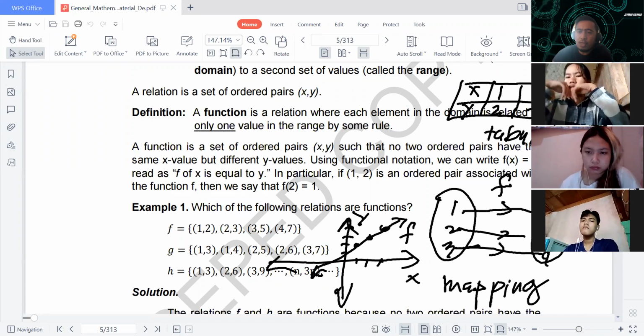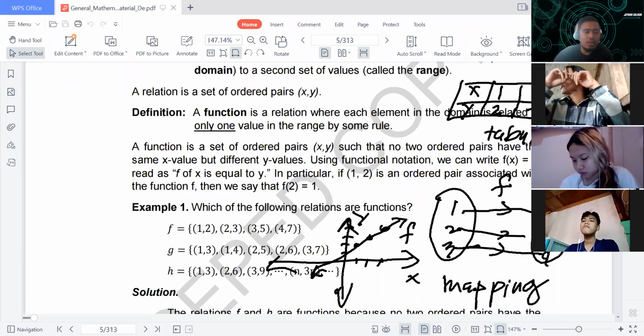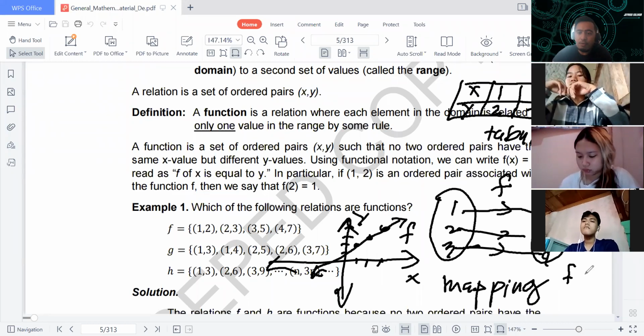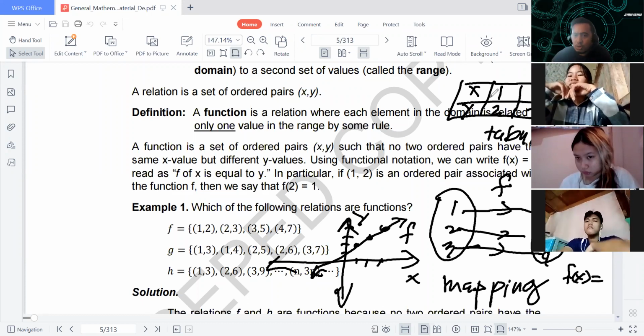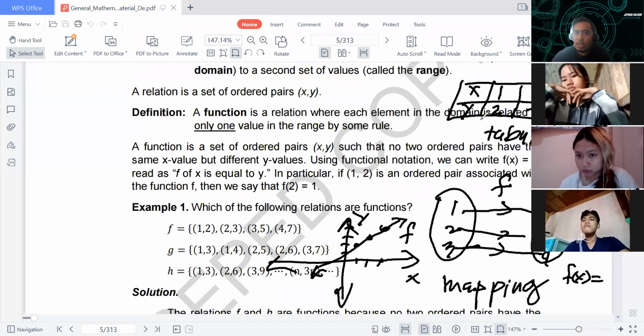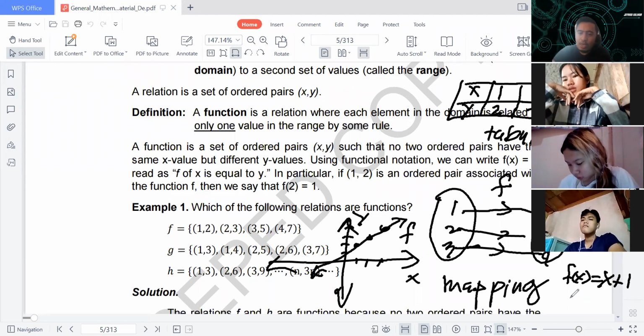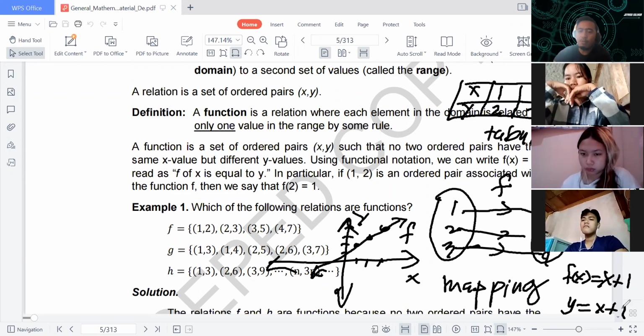And one last more: a function can be represented by an equation. It can be f of x. In this case, as you observe, your y is one quantity higher than your x, so it will be x plus 1, right? Or y is equal to x plus 1.